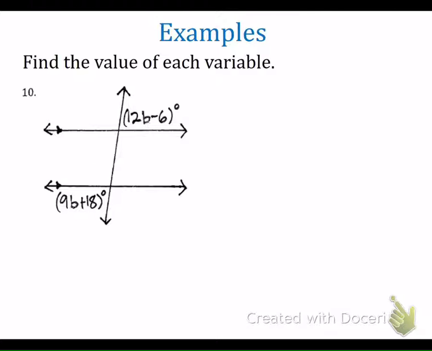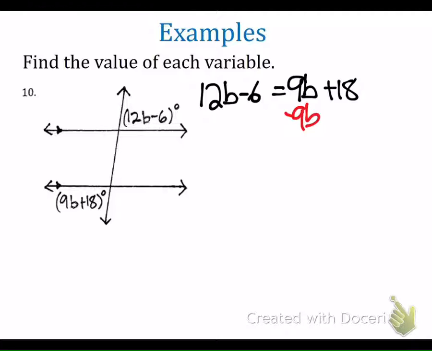All right, number 10. What's the relationship and what do I do? These are alternate exteriors, and alternate exteriors are congruent. So I'm going to set them equal, and I am going to solve for b. I can subtract 9b from both sides.